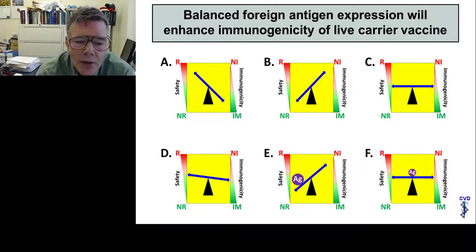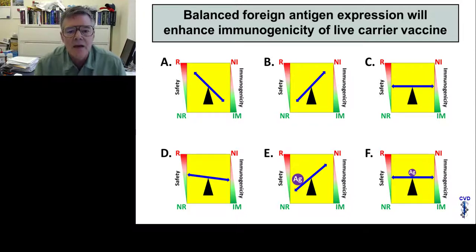When you attenuate the vaccine strain so that it's not reactogenic, it's not immunogenic, okay? And so what you have to do is approach just the right balance between safety and immunogenicity, okay? But this is a problem because the perfect vaccine strain is already metabolically balanced. So when we come in with foreign antigen expression, we destroy that balance. And that's why developing carrier vaccines has been so difficult.